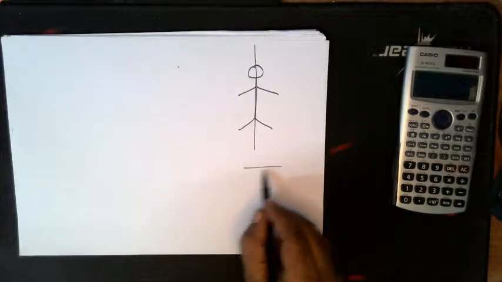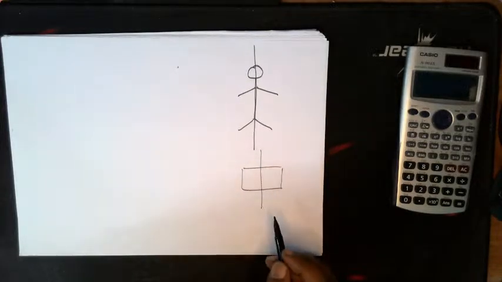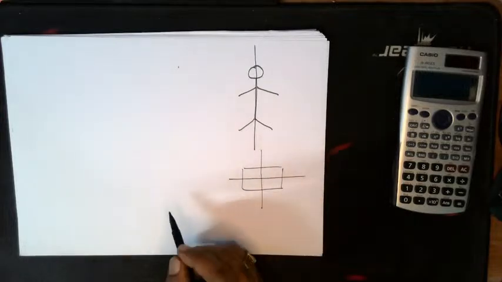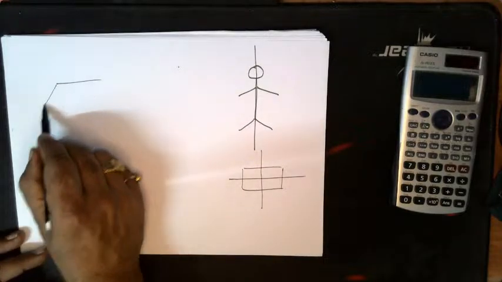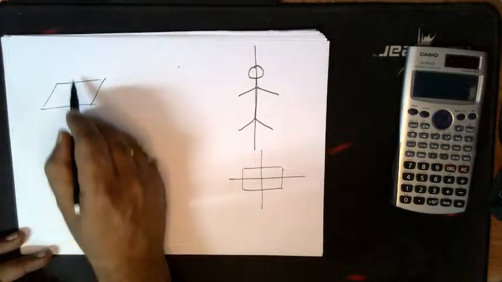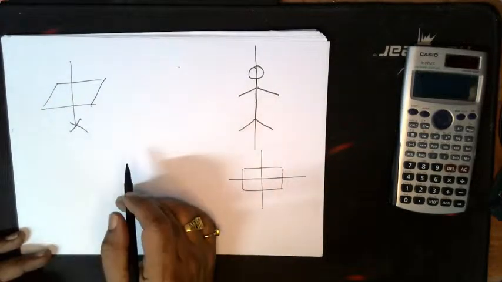When you consider the rectangle, you have symmetry. You can cut it into two equal halves. But in the case of a parallelogram, you cannot cut it into equal parts. That is why it has no lines of symmetry.